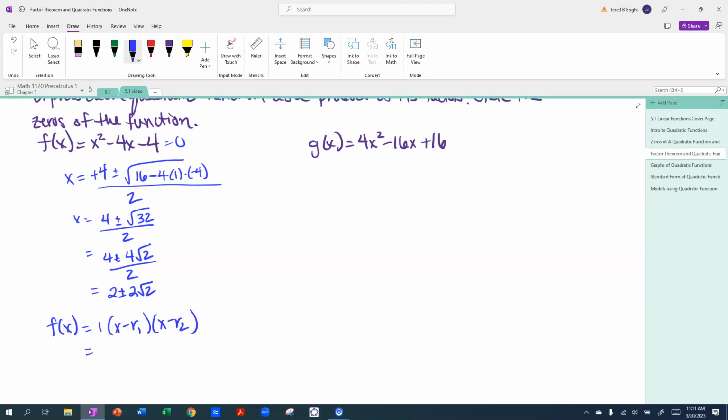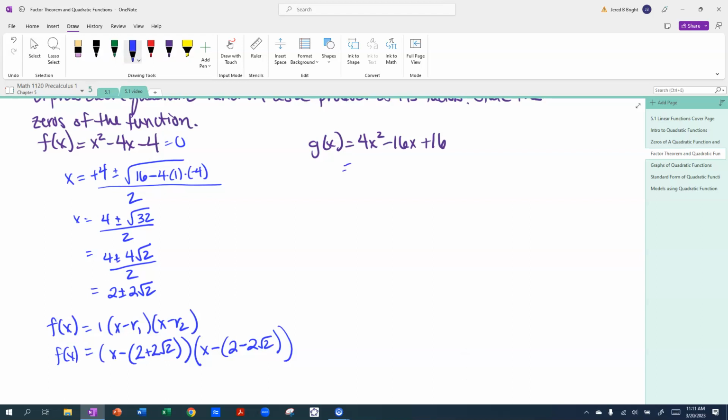And so in factored form, this would be x minus, and then maybe parentheses will help, 2 plus 2 root 2 times x minus 2 minus 2 root 2. And I can leave it like that. Isn't that lovely? It looks so fun. And you're probably like, Professor Bright, you are a weird person. I know, but you love me, maybe, sometimes.